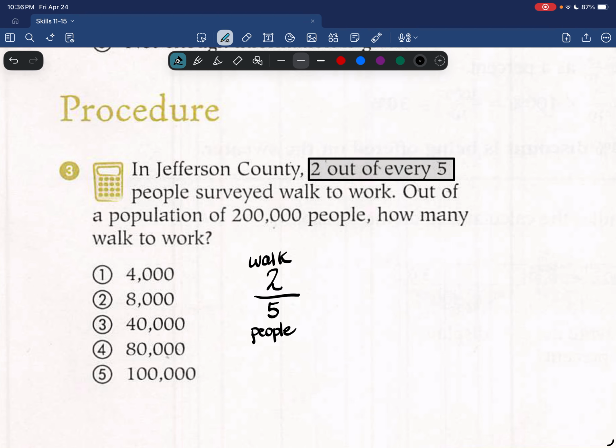Out of a population of 200,000 people, how many walk to work? So the question is, does that 200,000 go on the top or the bottom? It's the bottom because it's people.